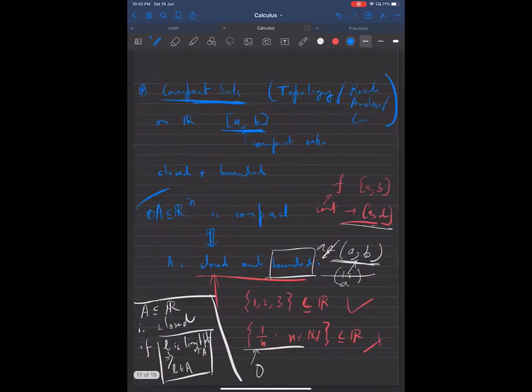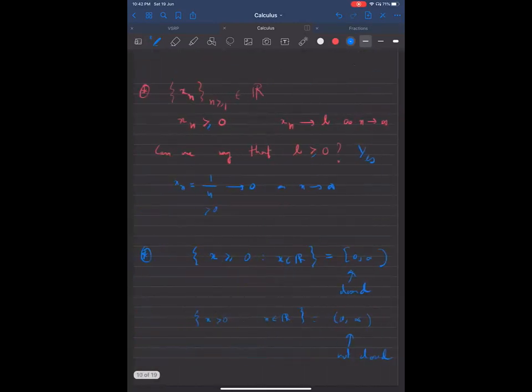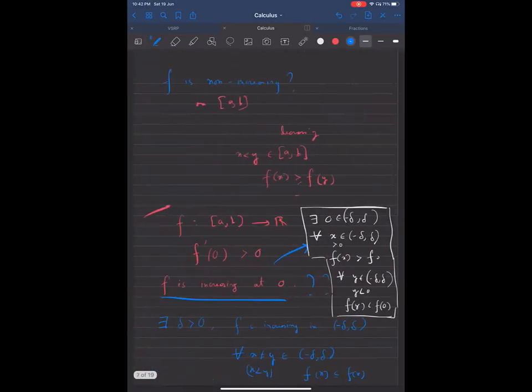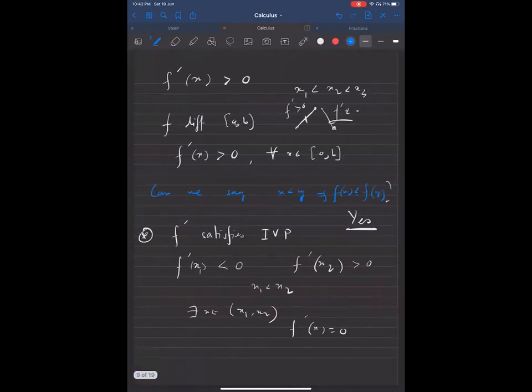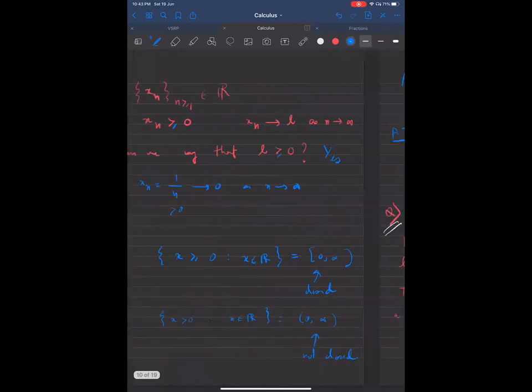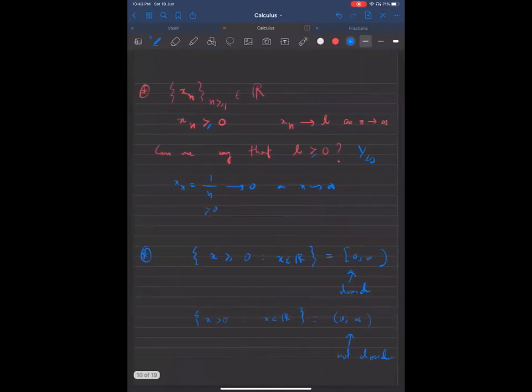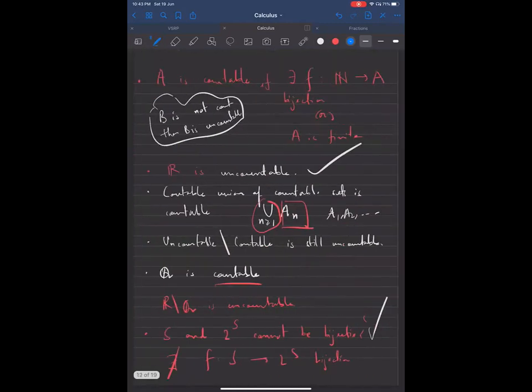So today we basically went through decreasing, non-decreasing, increasing functions and their relation to derivatives. Then we talked about sequences, subsequences, and limit points.